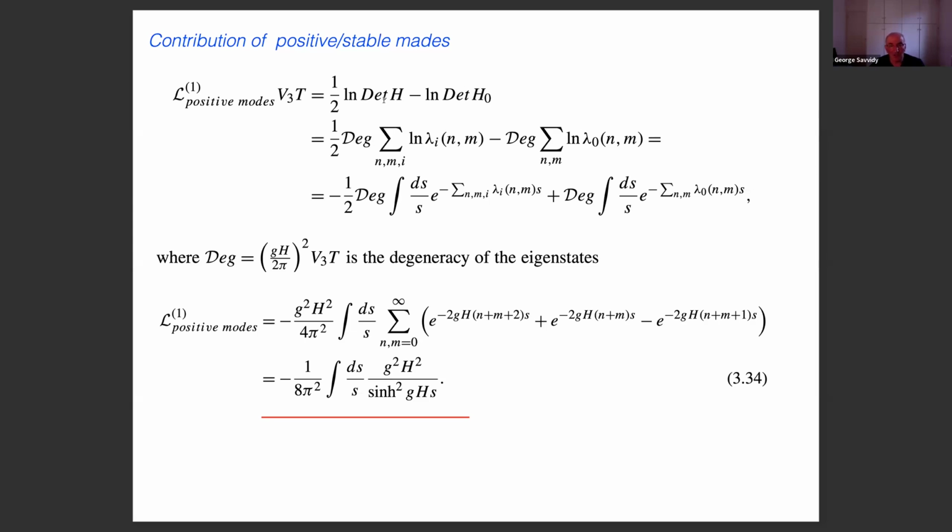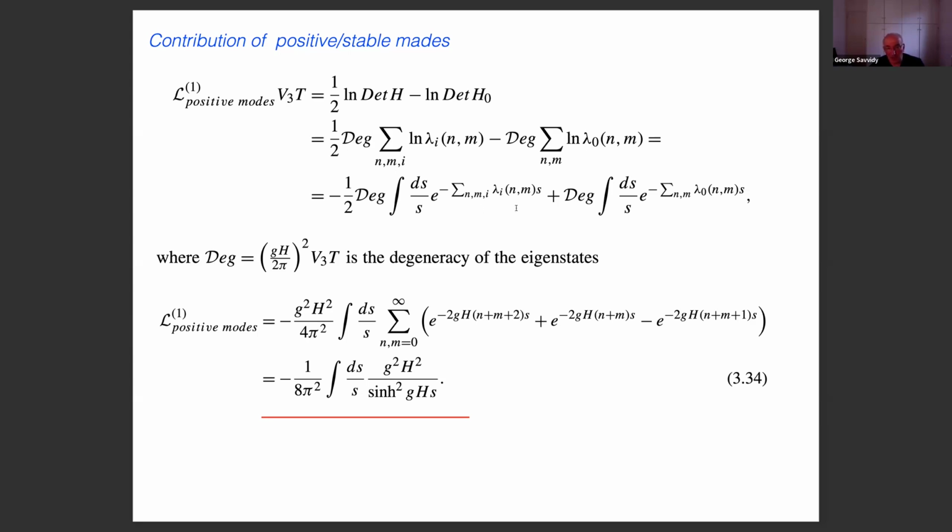That's the one loop contribution. Because we knew the spectrum of h, we have to sum over n and m, and also take into account that these states have degeneracy, right?